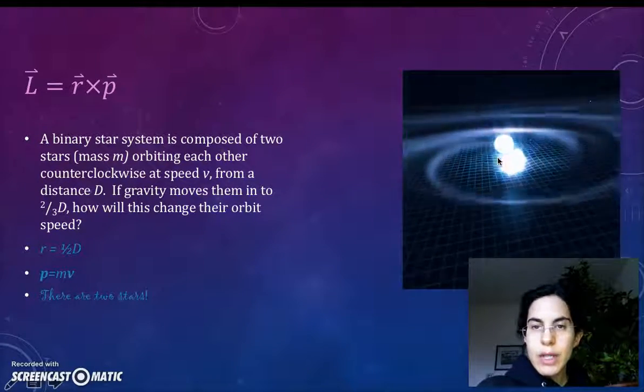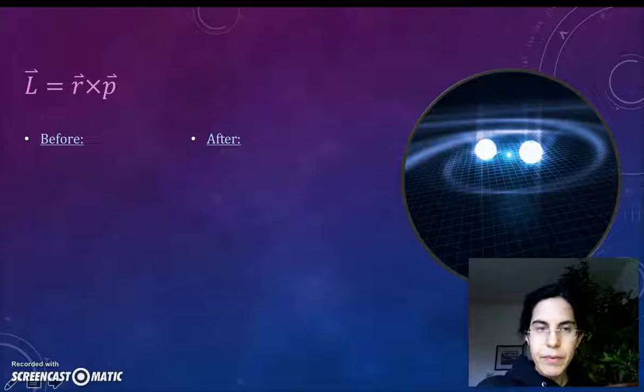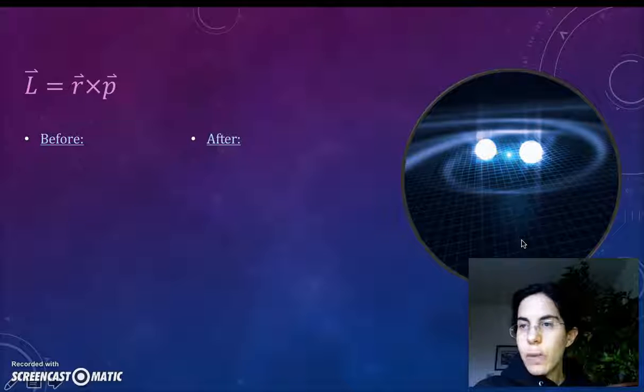There are 2 stars in the system. So, set up your before and after. Find the total angular momentum in the system, transfer it over to your after column, and knowing that the stars are now 2/3 d apart instead of just d apart, find the new linear velocity of each star.